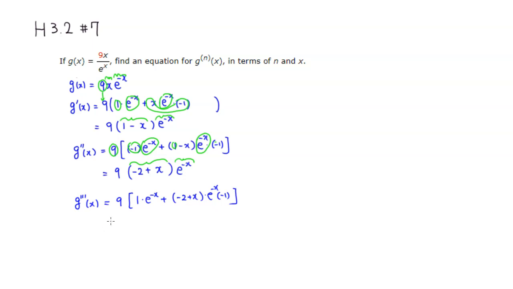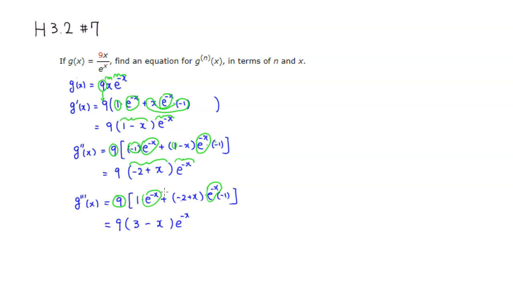If you clean this up, again we have a 9 here. Both of these have e to the negative x, so we put e to the negative x here. What's left is positive 1 plus 2, so that's going to be 3, and then you have a negative x.